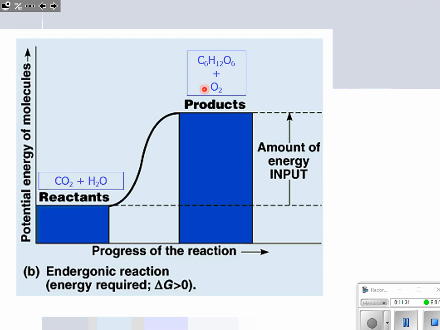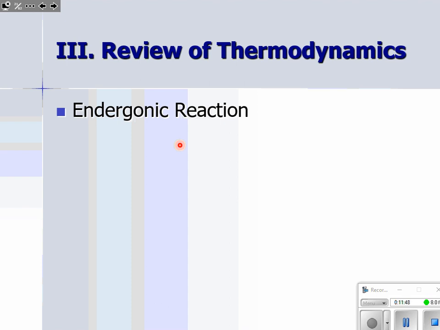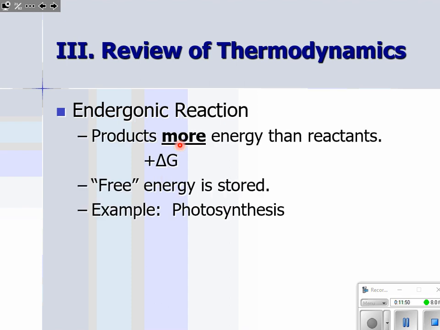Using energy from the sun as an input, the plant can take two low energy chemical compounds and use them to drive the synthesis of a high energy sugar. Thus, it's an endergonic reaction. We're not losing energy, we're gaining energy.